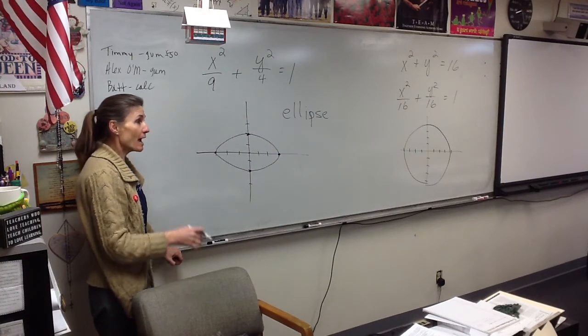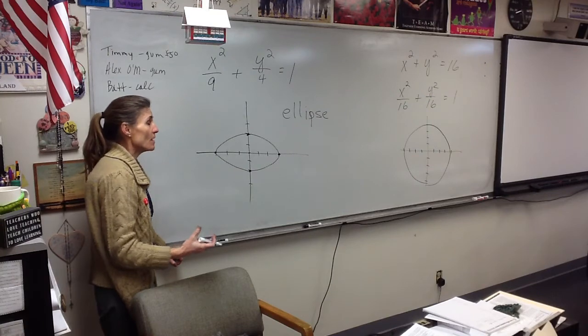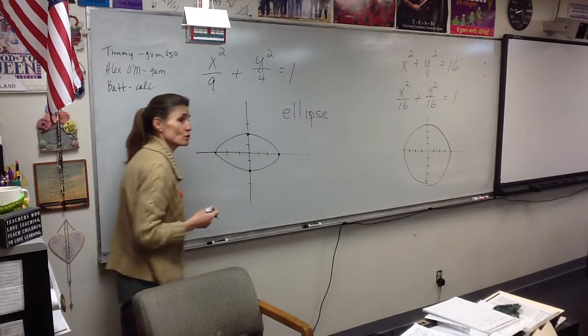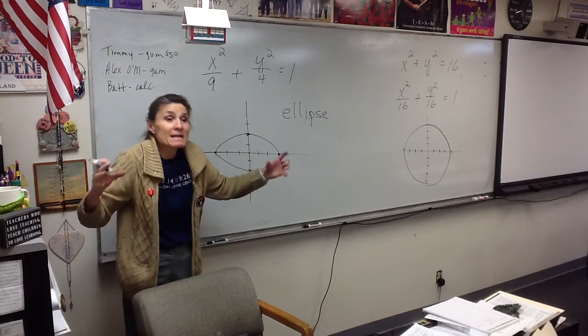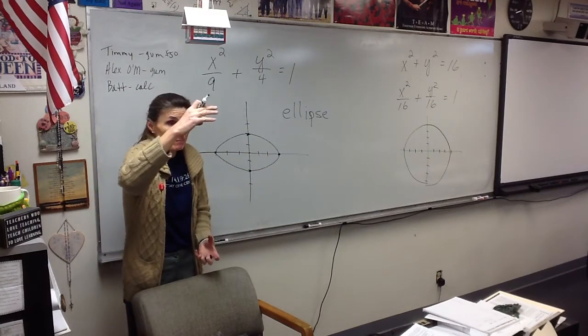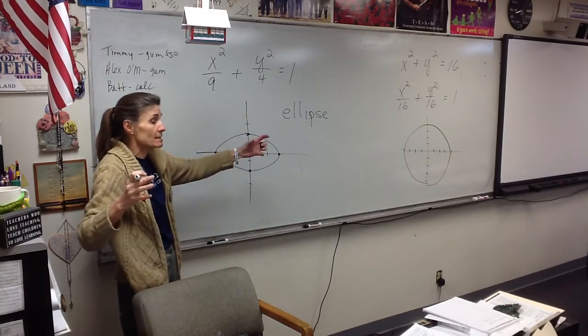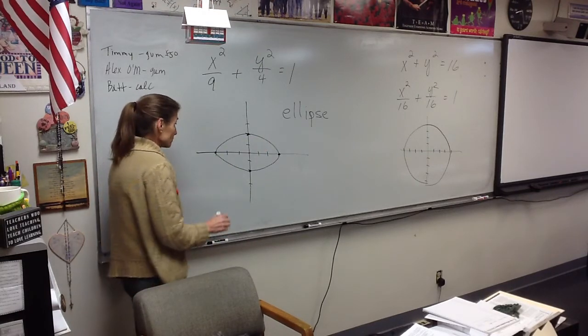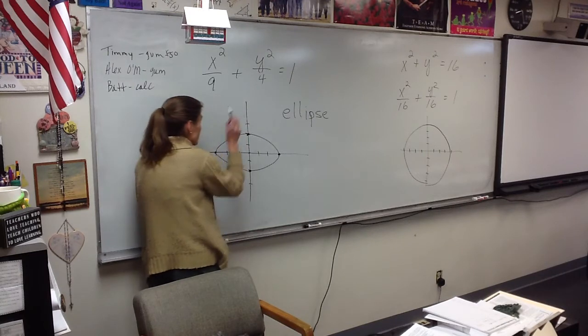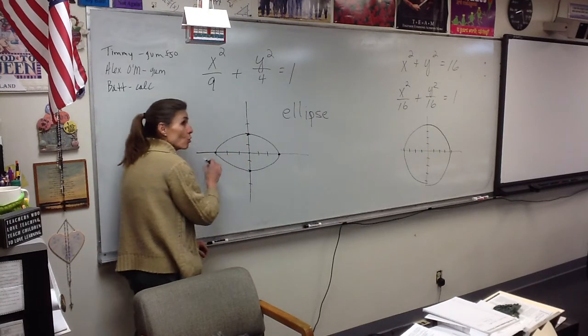I need you to get that what you talked about with circles is the same as with an ellipse, except the radii aren't the same. You go a different distance in the x direction than you do in the y direction. This particular ellipse is stretched horizontally.